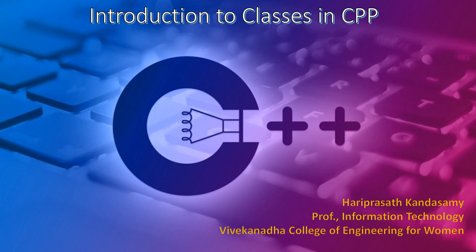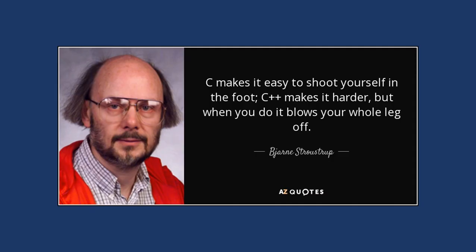So here is how Bjarne Stroustrup has defined the language C++: C++ is a general purpose programming language with a bias towards system programming. That is, a better C. It supports data abstraction, supports object-oriented programming, and supports generic programming.